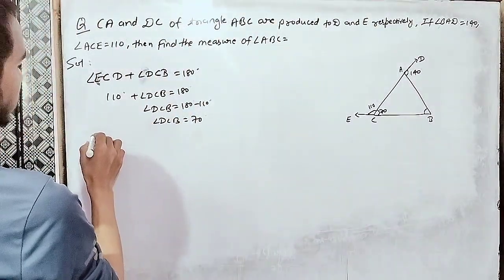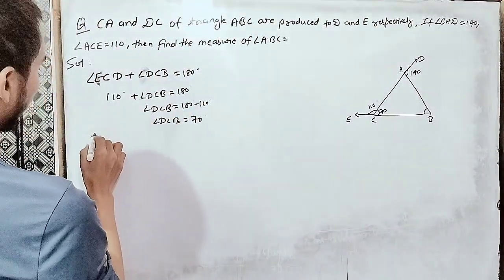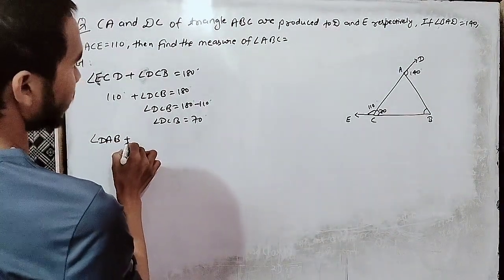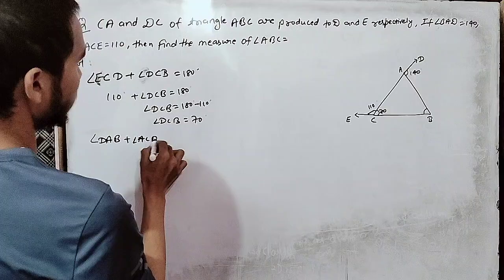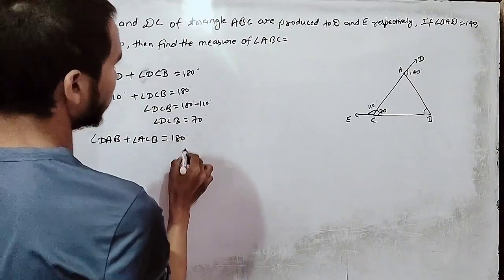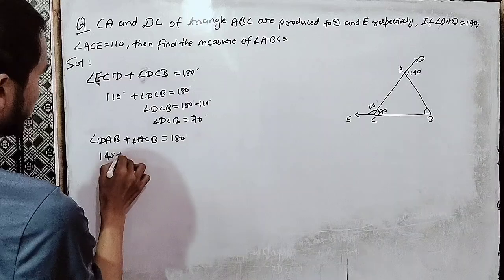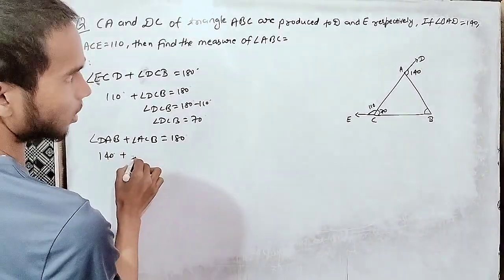So here DAB and ACB is 180 degrees. So 140 and this is what?